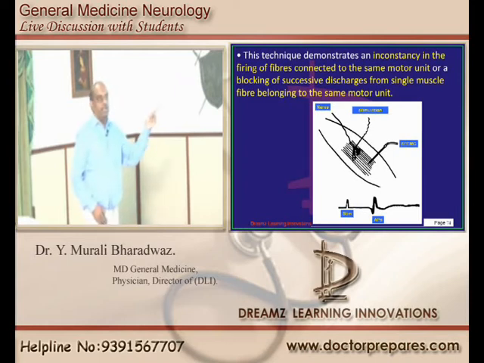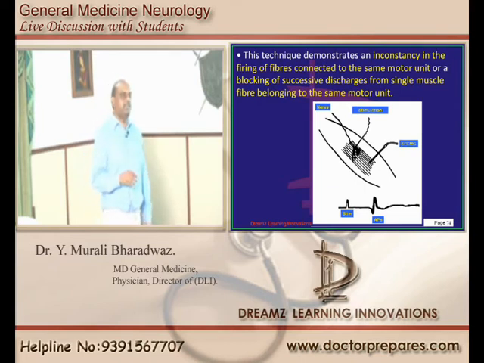Then with the successive discharge at the neuromuscular junction, if you are stimulating the nerve continuously, what is the problem in myasthenia gravis? There are antibodies against the postsynaptic receptors. Receptors are very few. After continuous discharge, the few receptors which are there are already occupied.